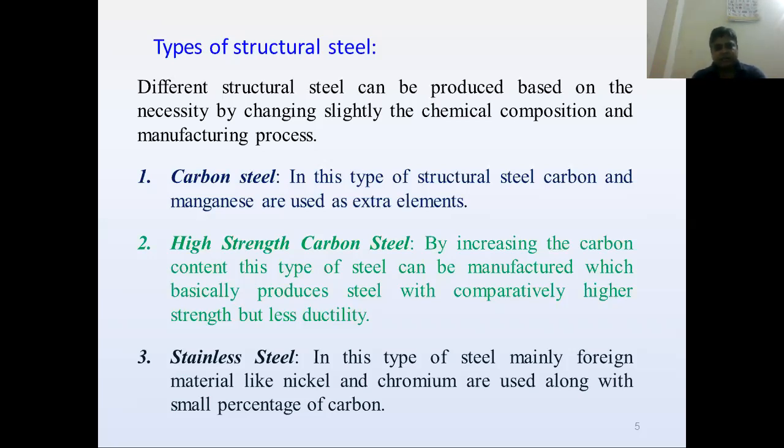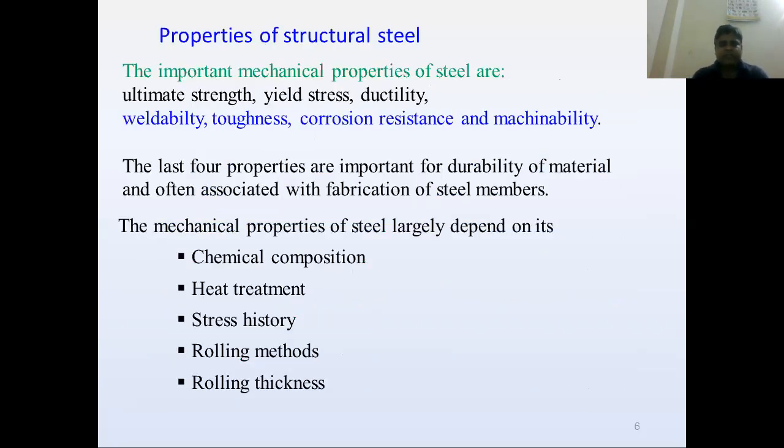Stainless steel: when carbon is removed, that is known as stainless steel. In this type of steel, mainly foreign material like nickel and chromium are used along with a small percentage of carbon.